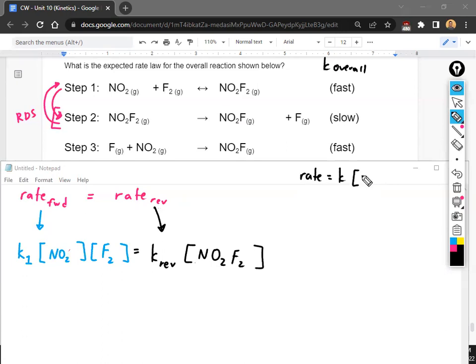The slowest step has a rate that is equal to this right here. So if you can figure out what the concentration of this intermediate is, you can figure out what the rate of the reaction is. Basically, you're solving for a missing variable. You're solving for this right here.